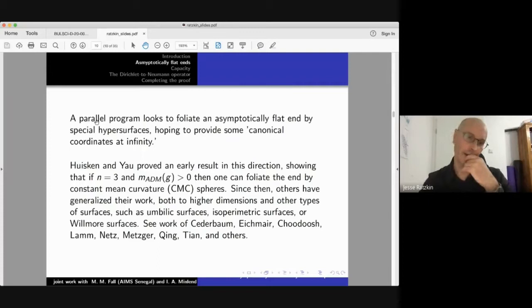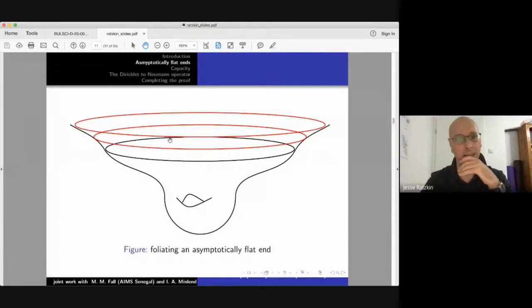So a parallel program tries to foliate an asymptotically flat end by certain hypersurfaces. So I'll draw a picture of that. Here, again, is my picture of my manifold with an asymptotically flat end. You can think of it as drawing a bunch of concentric rings.